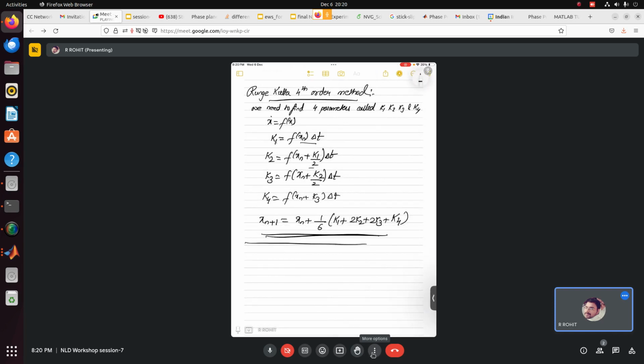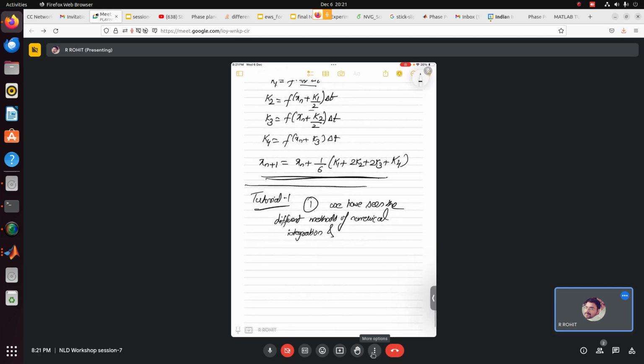In tutorial 1, we have seen the different methods of numerical integration, and saw how to plot vector fields and phase portraits.